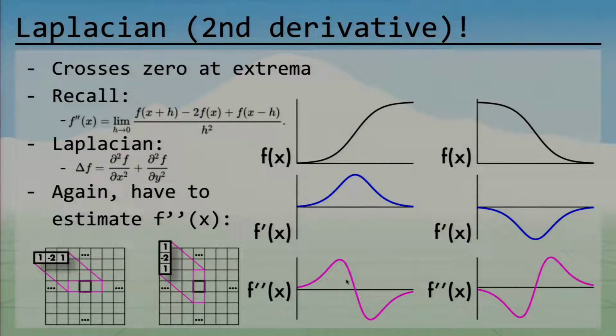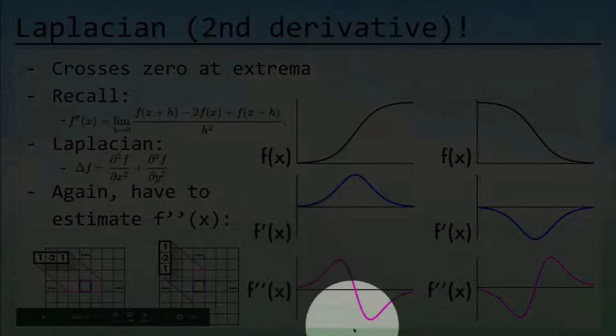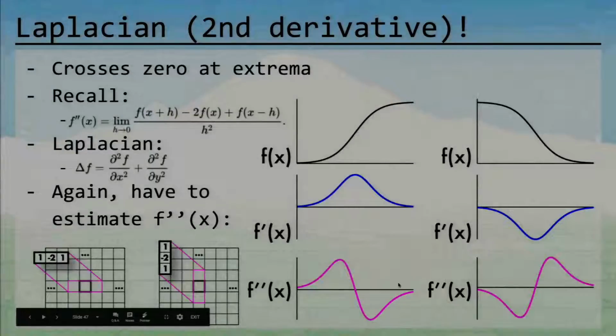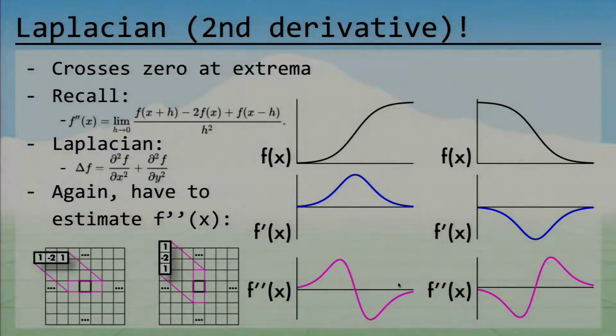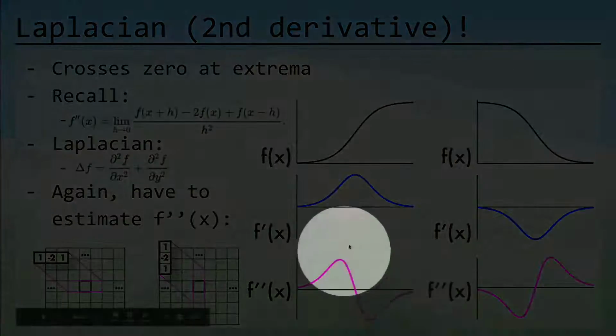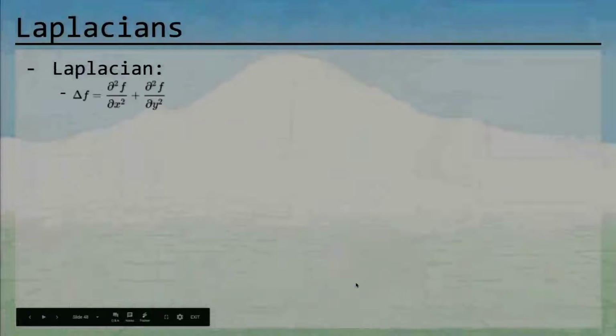So what we were doing before when we were just convolving this filter with an image was finding one side of the edge or the other side of the edge, depending on what sign our filter is. But what we really want to do is find the middle of the edge. So that's why we're going to do this convolution and then try to find these zero crossings in practice to find edges.